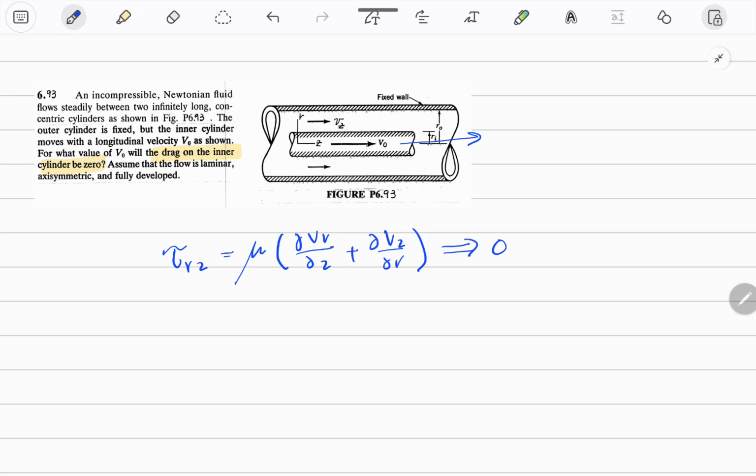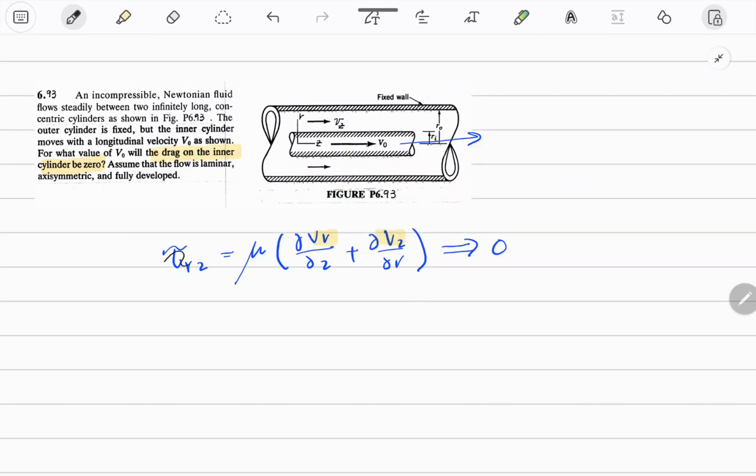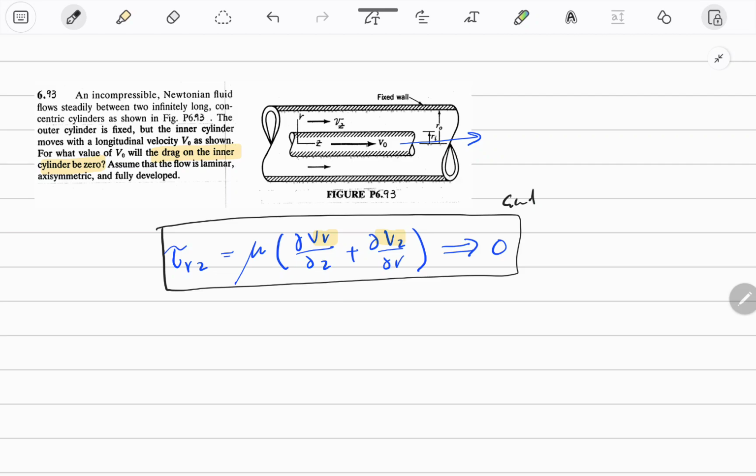That is our goal. For us to achieve that, you need to know what these terms are. So let's try solving the problem. At least you know this is your end goal. Let me put it in brackets, and we'll come back to it. End goal.